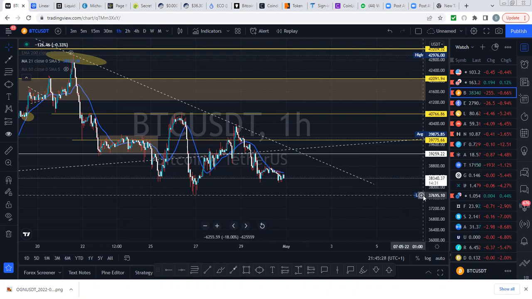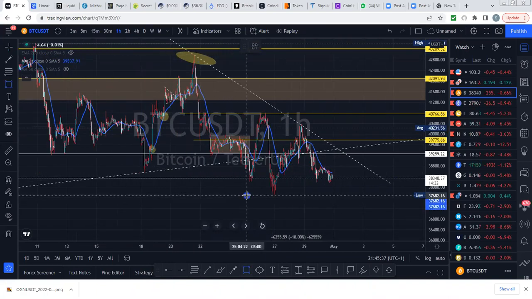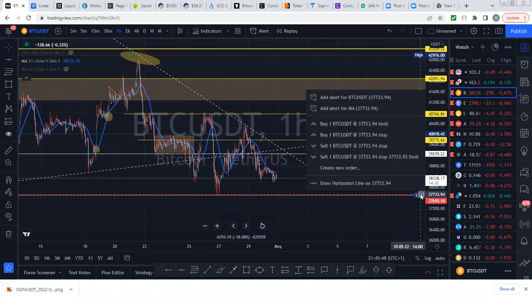If I see a particular target area I'm looking at for entry, let's say this support level here, I will come here and set my alert, so that whenever price approaches this area, it will alert me. It will give you a sign, and it will also send an alert to your email.